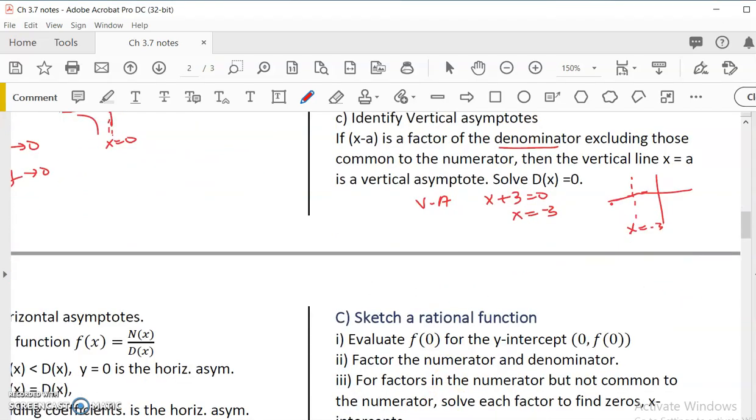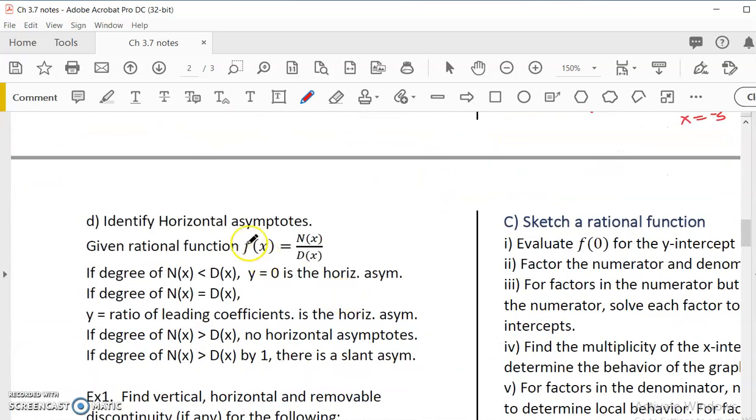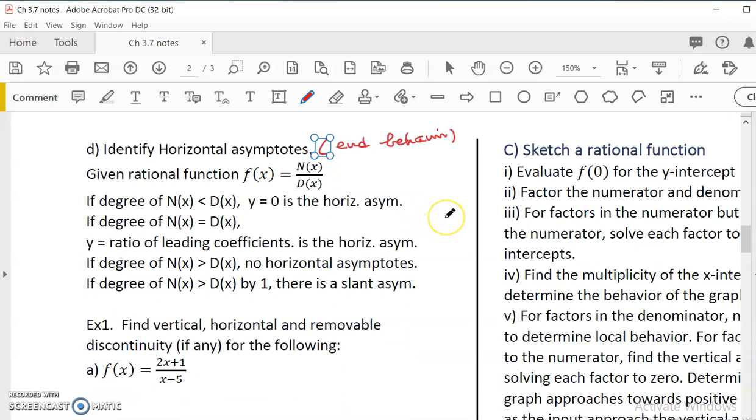And then what about horizontal asymptote and end behavior, right? When we talk about horizontal asymptote, it's always about what happens when x becomes really large or very small. To discuss this, we would have to compare how the numerator will behave when x is really big and how the denominator will behave when x is really big.